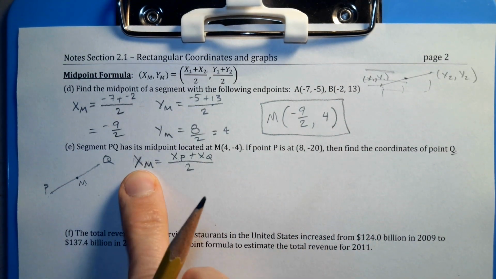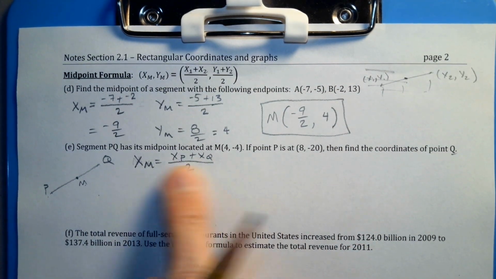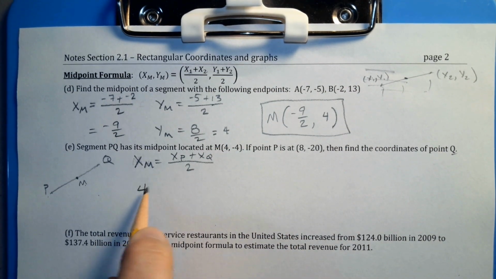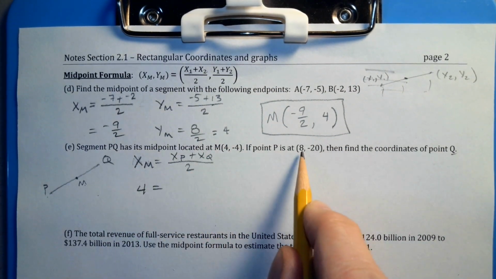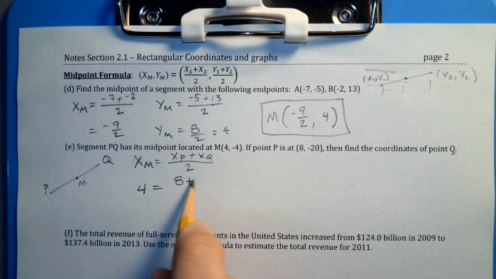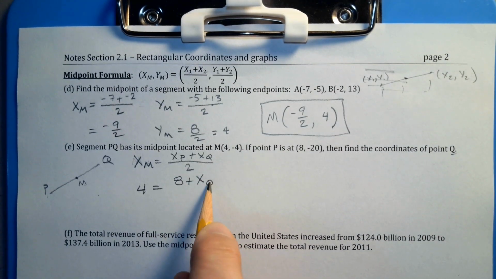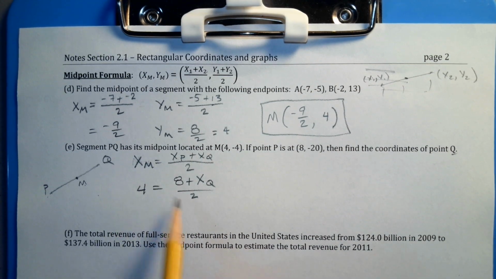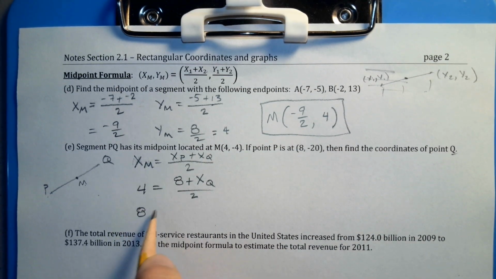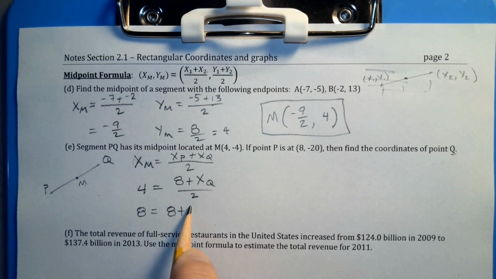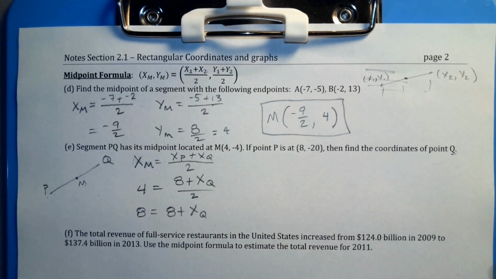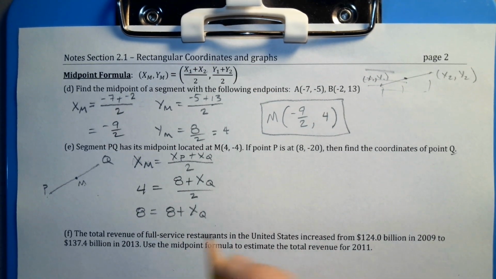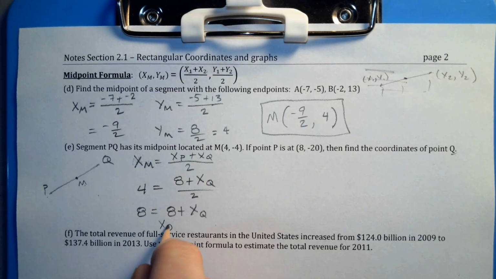So we know the x coordinate of the midpoint that's given to us, that's 4, is equal to the x coordinate for P, that's 8, plus the x coordinate of Q, which we don't know, over 2, and so we just want to solve this for Q. So we multiply both sides by 2, we get 8 equals 8 plus x coordinate of Q. So I think you can see the x coordinate of Q is going to be 0.